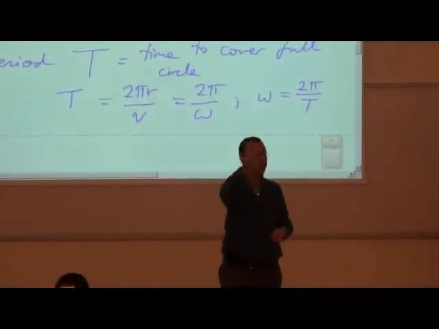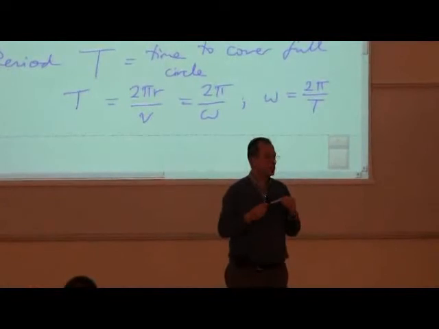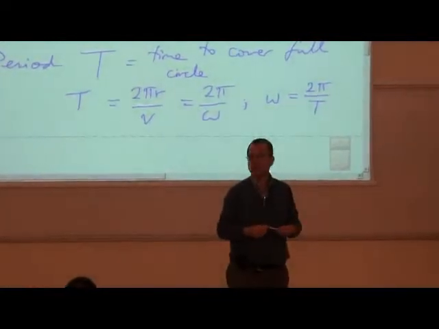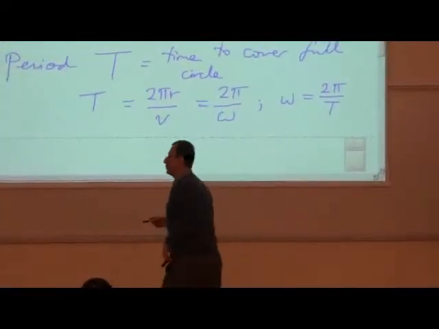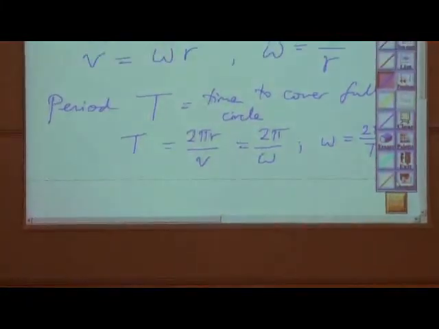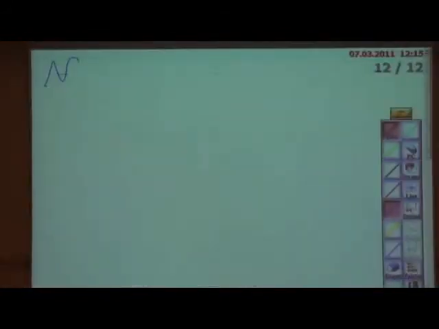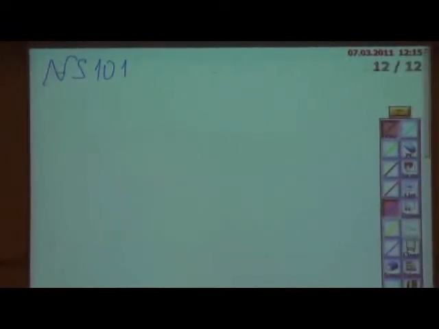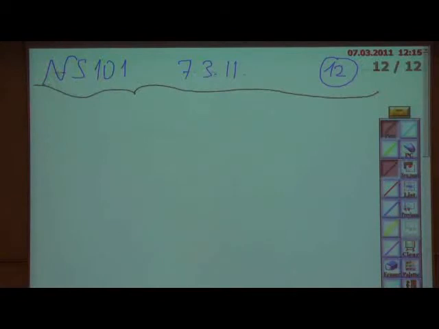It's simply 2 pi over omega, or omega is 2 pi over T. And this is clear because one full turn in radian units is 2 pi radians per T seconds. So that's the speed. If T is 5 seconds, 2 pi over 5 is the radian per second angular velocity. Clear?